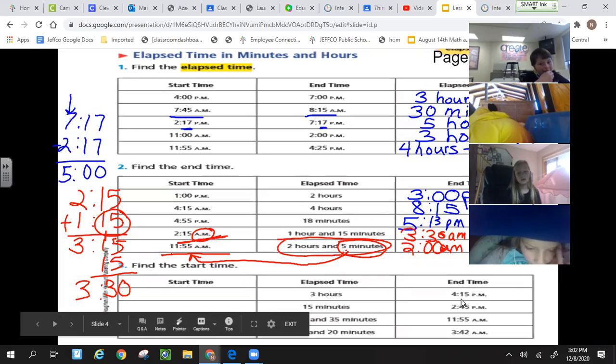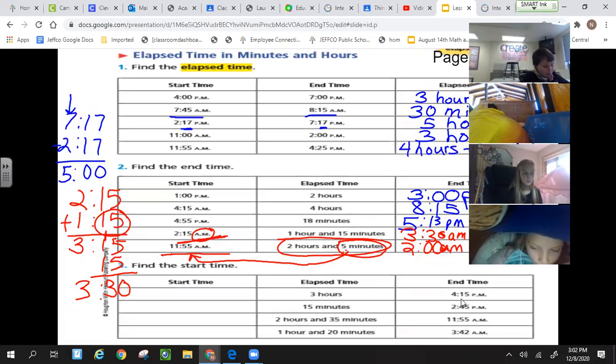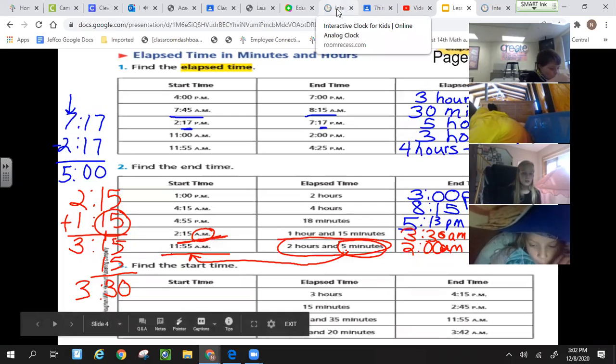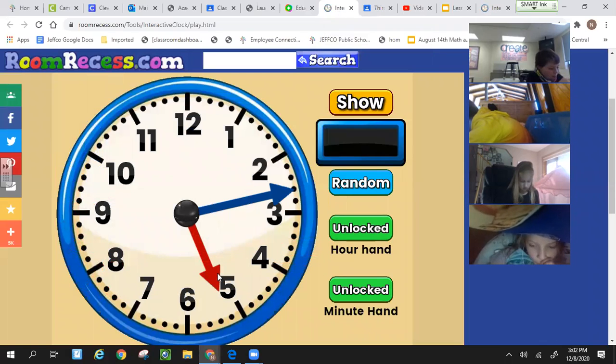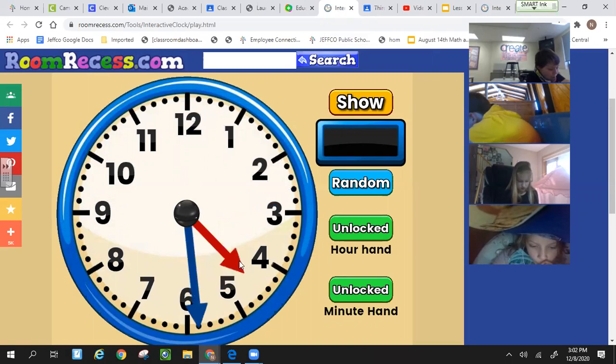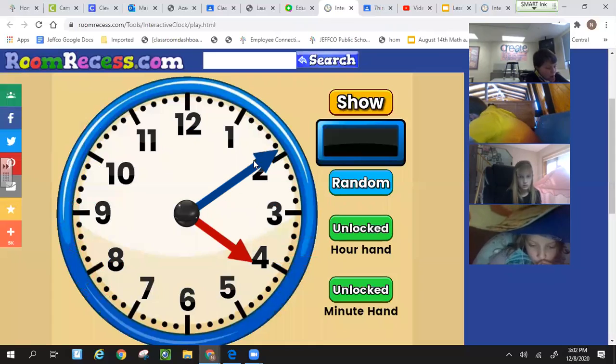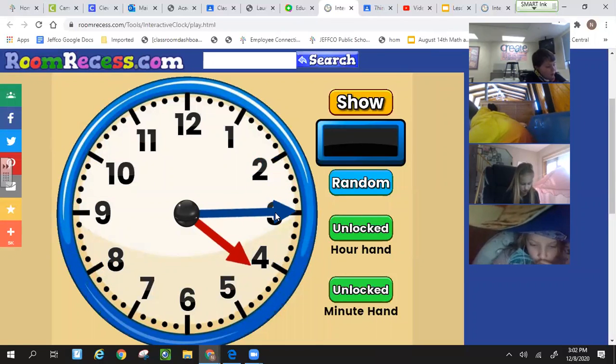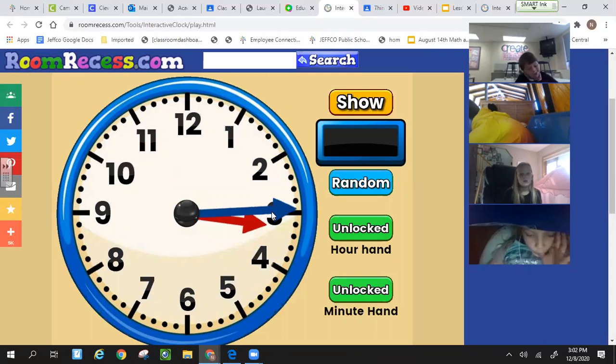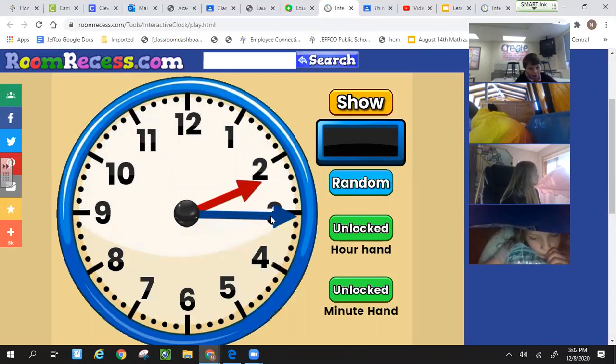15. Yeah, so 4:15, let's count backwards 3 hours. Let's do it together. 4:15, 3:15, 2:15, 1:15. Let me show you on the clock. If it's 4:15, and I'm going backwards 3 hours, watch. 1 hour, 2 hours, 3 hours.